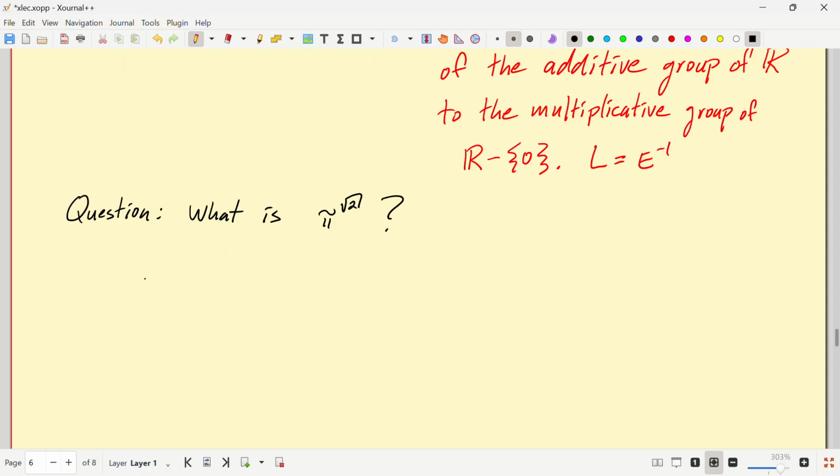Well, the basic facts here have shown things like e to the x plus x plus x, p times, would be e of x to the p.